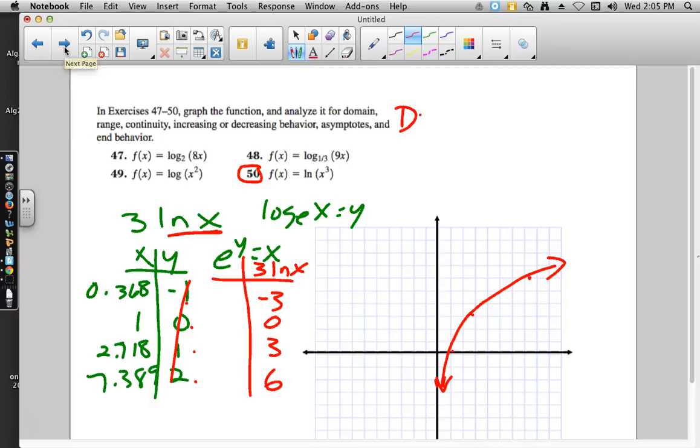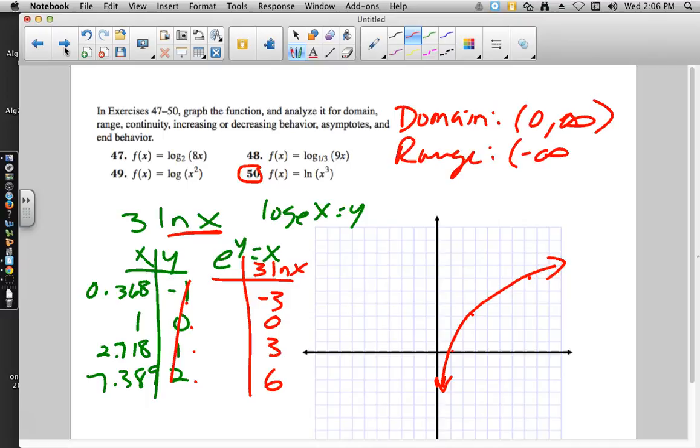But this one is just like the other graphs that we did in class, because we have a base that's positive here, a base that's greater than 1. So for number 50, our domain is from 0 to infinity, and our range is all reals, negative infinity to infinity. It is continuous now, no breaks, continuous, it's always increasing.